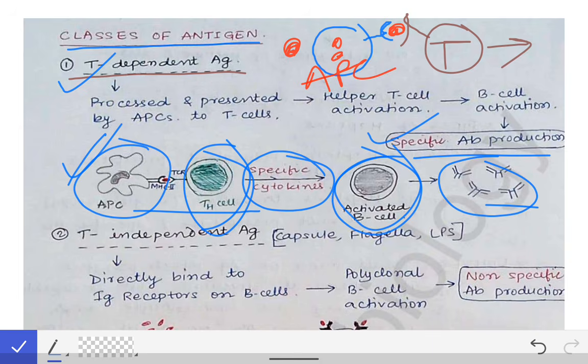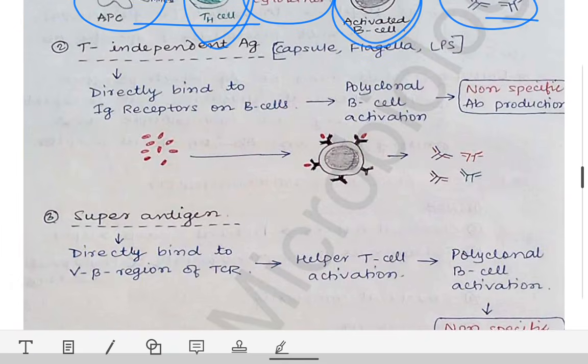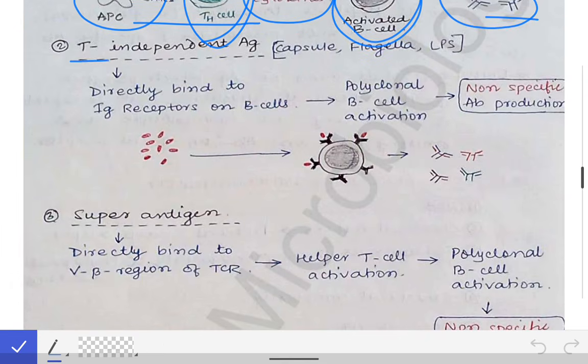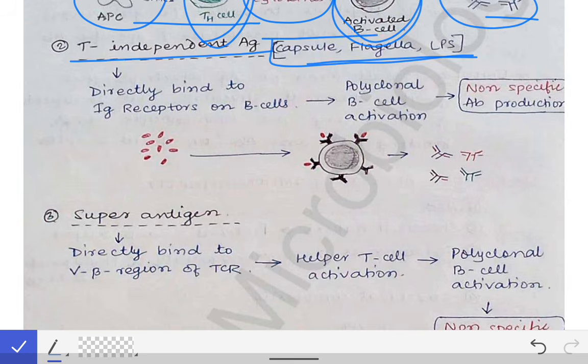Now come to the rowdy students of this school. The rowdy students are nothing but the T independent antigens. The examples are the capsule, flagella, and LPS. Please remember the examples. So those rowdy students do not go to either the peon or the clerk.